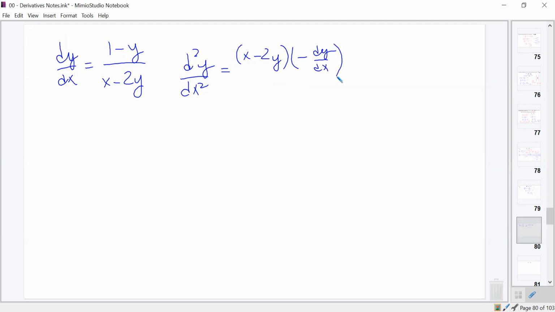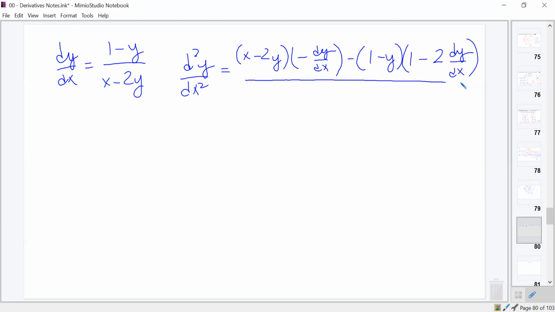So v du minus u dv. And dv is 1 minus 2 dy/dx. The derivative of x is 1, and the derivative of minus 2y is minus 2 dy/dx. All over (x minus 2y) squared.